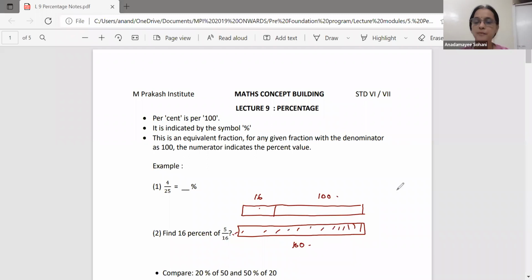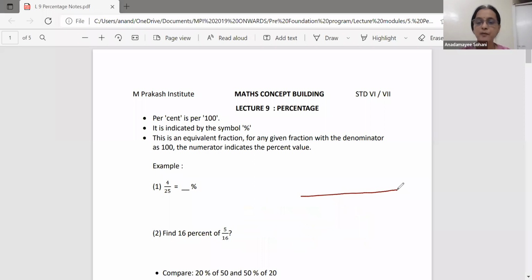First of all, what is 5 upon 16? I am making 16 compartments of my whole. What is the meaning of this fraction, 5 upon 16? I am making 16 compartments of my whole, and I am taking 5 compartments out of it.